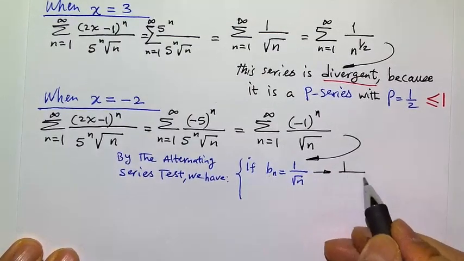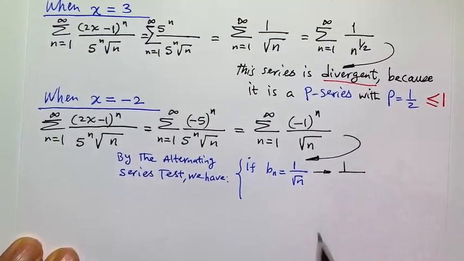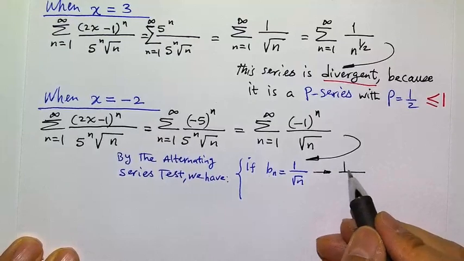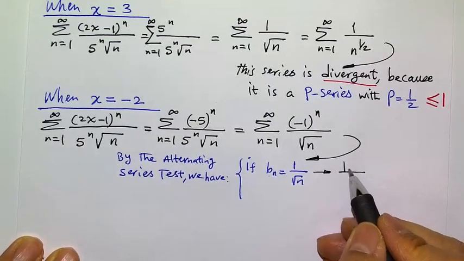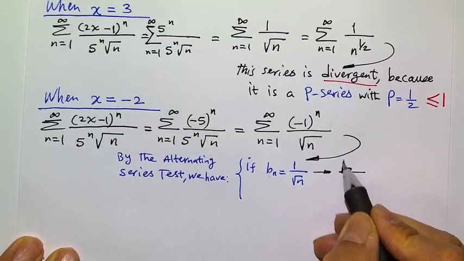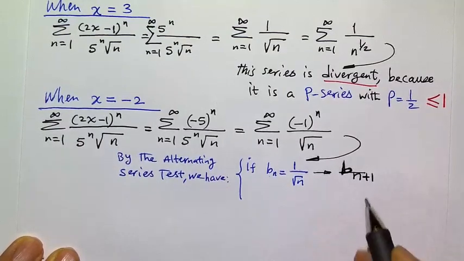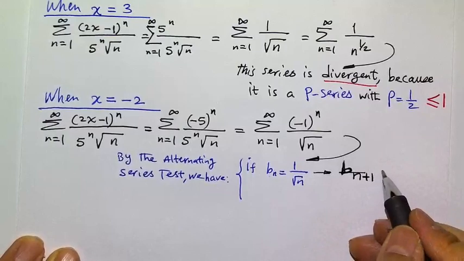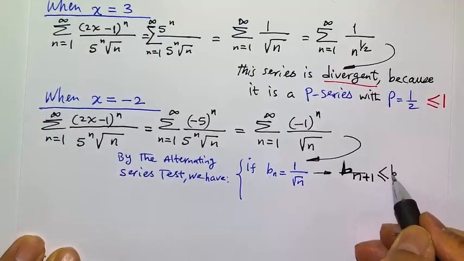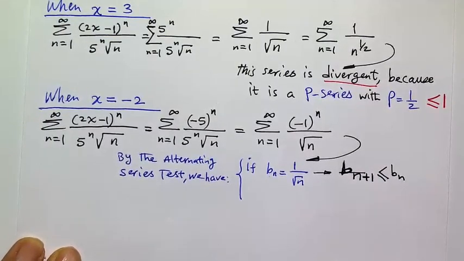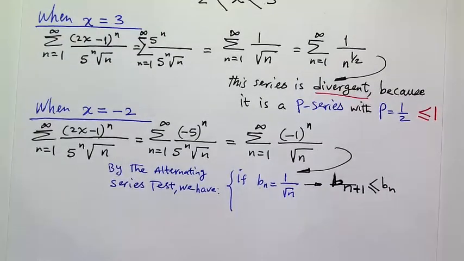So we can say that Bn plus 1, I will clean this up before posting on Canvas, is less than or equal to Bn for all n.